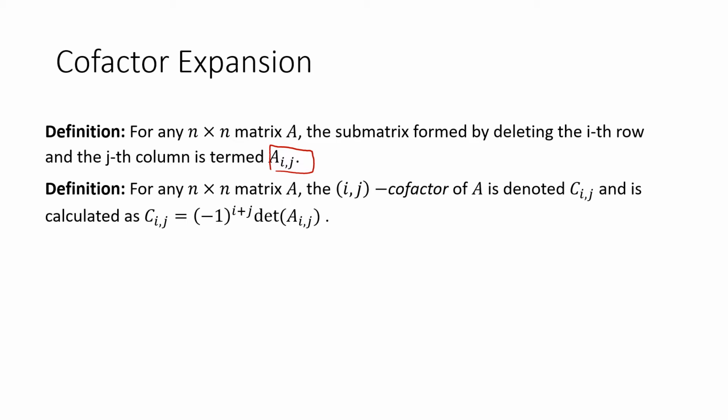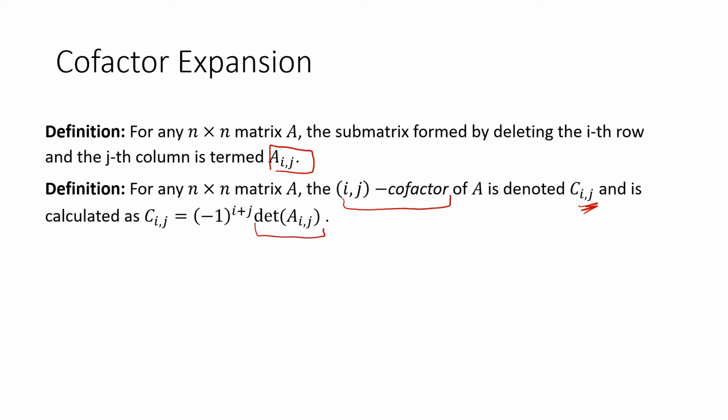Now using that, we have something called a cofactor. If you have an n by n matrix, the ij cofactor of that matrix is denoted by capital Cij, and it's calculated in this way. You take the ith row and the jth column, take them out, and take the determinant of what's left.